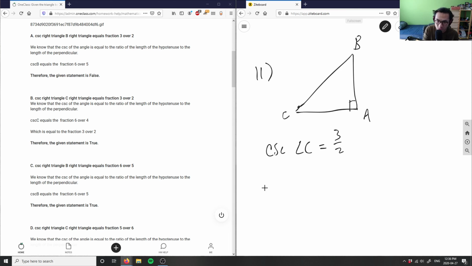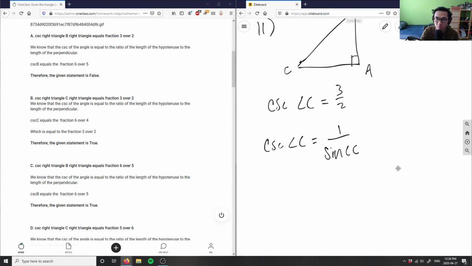Cosecant angle C is simply 1 over sine of C. We know that sine is opposite over hypotenuse, so cosecant would be hypotenuse over opposite. This is simply the reciprocal of this guy here.